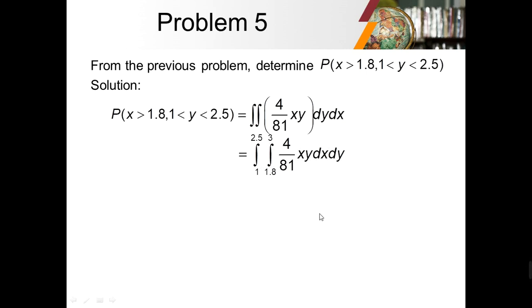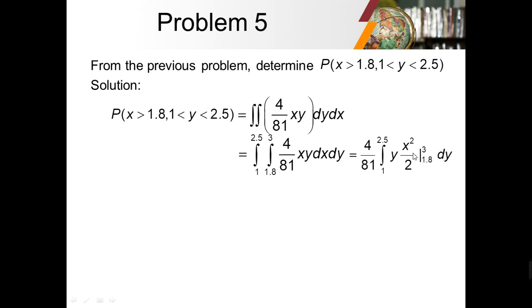Okay? So, in terms of x yung unahin natin, kasi limits natin 1.8 to 3, yung nauna 8, tas dx ito. So, ilalabas natin yung 4 over 81. So, y, x squared over 2. Okay, limits from 1.8 to 3, dy. Then, substitute lang uli. So, ito again, meron na tayong lower limit.